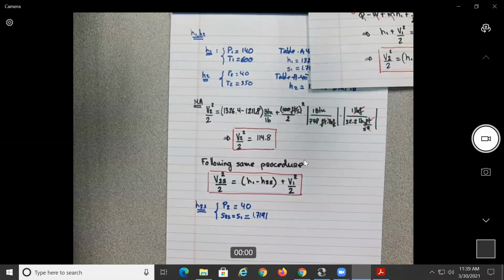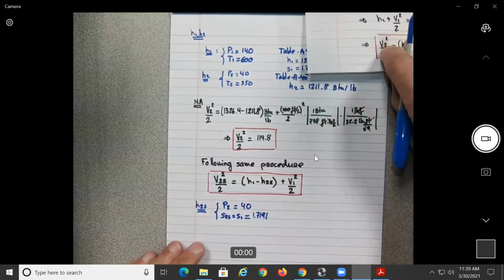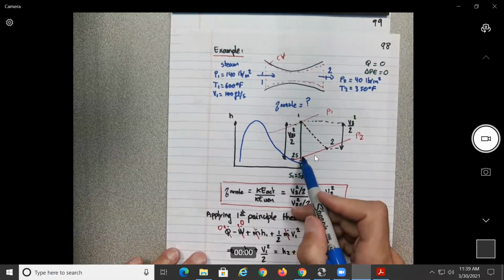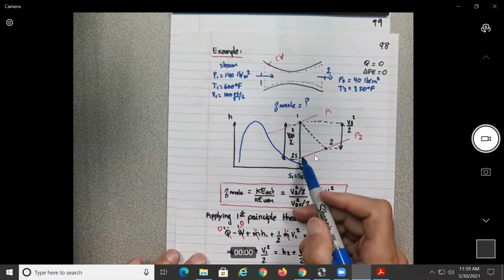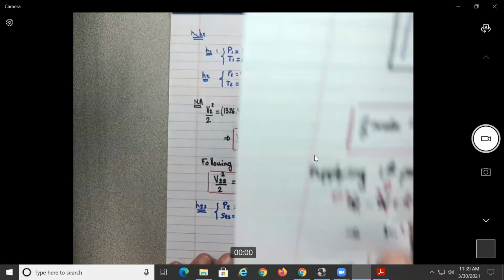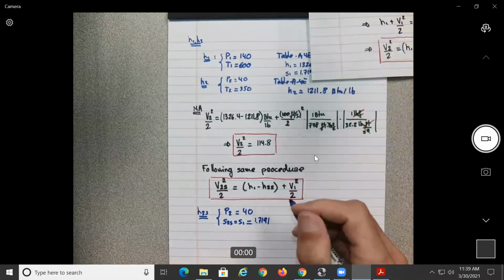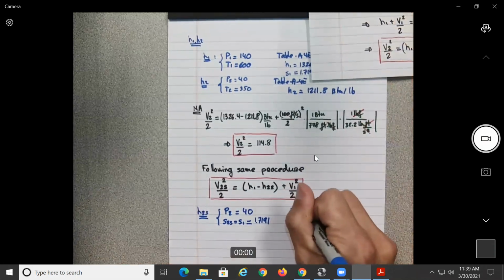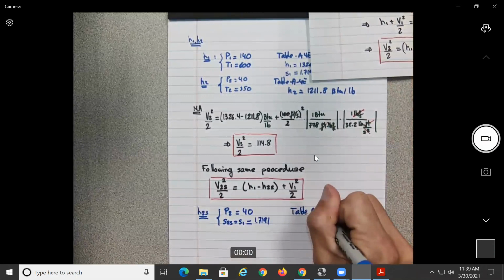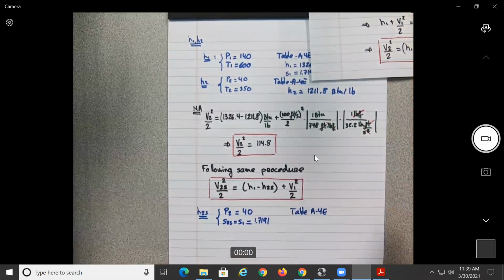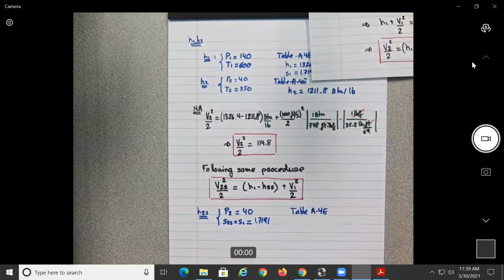So the state in 2S should still be steam, or superheated vapor. So we know we need to go to table A4E, but probably what are we going to have to do? Interpolate, no? I'd be surprised if we were that lucky to have exactly that value.